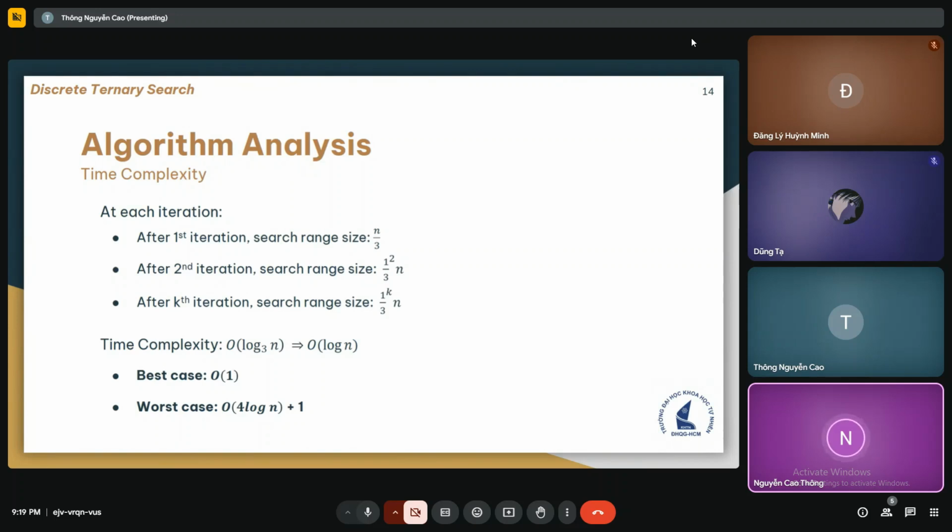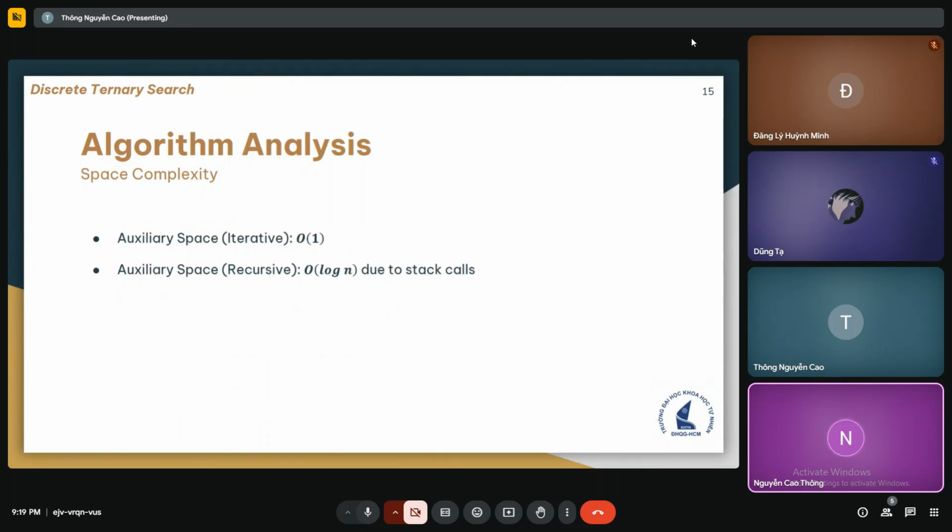The best case is instant, where the midpoint value is the target, and that is the worst case for others. The auxiliary space for the iterative version is constant. We don't need any more space, only for the midpoint variables, but those are negligible. But for the recursive version, we need call stacks, and that's why it's logarithmic.